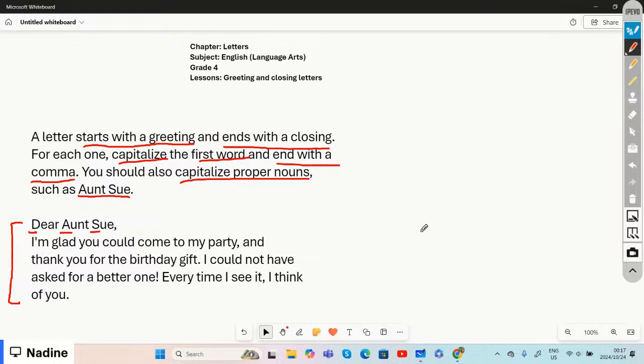So now we need to come up with an ending together.